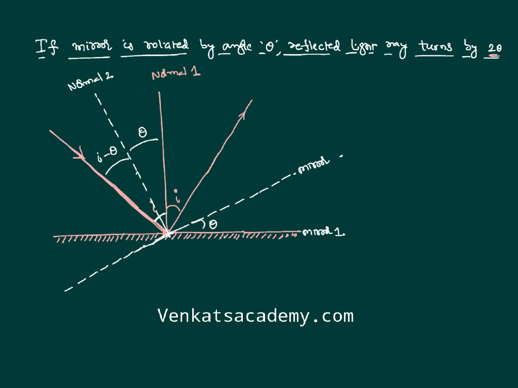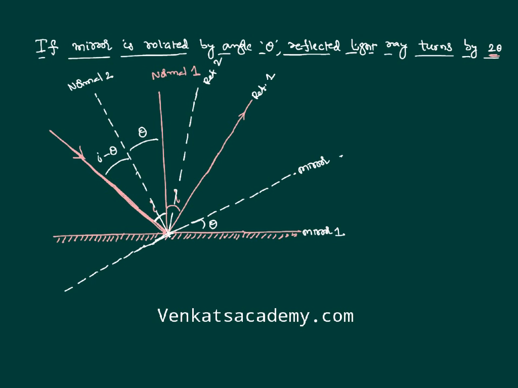Now as the new angle of incidence is I minus theta, the new angle of reflection also has to become I minus theta. So this is the first reflected light ray, and I am going to get a new reflected light ray like this. The incident light ray is not changed. So this is reflected light ray 2.